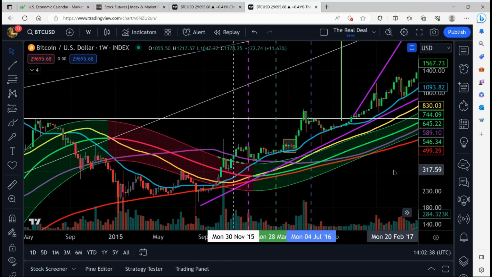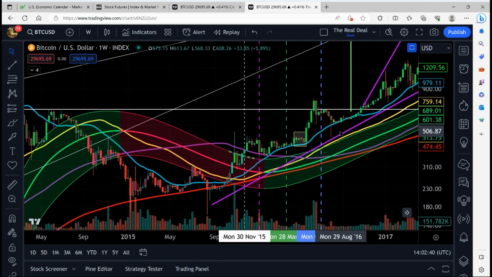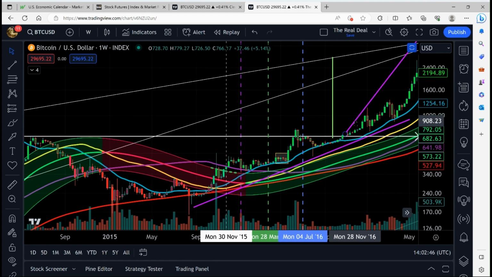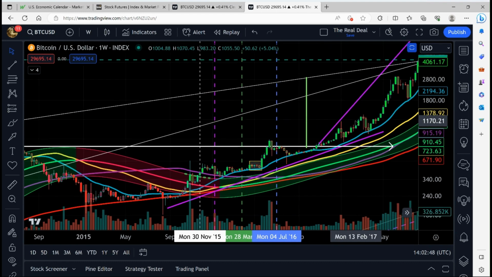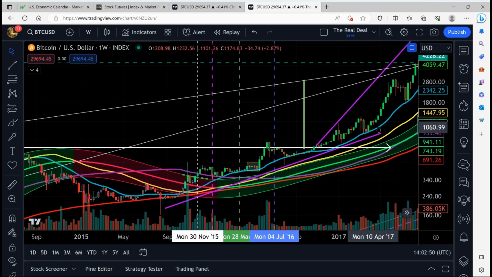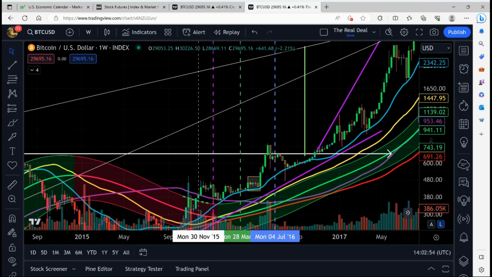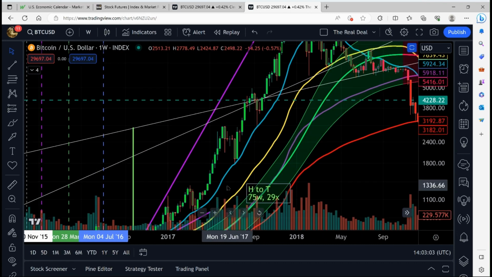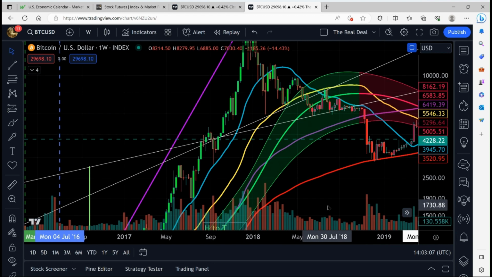Other than this wick here, I measured these and it was like 1 to 2% of price action below the moving average there. So we held it as support the whole time through our bull run here, and all the other ones as well.